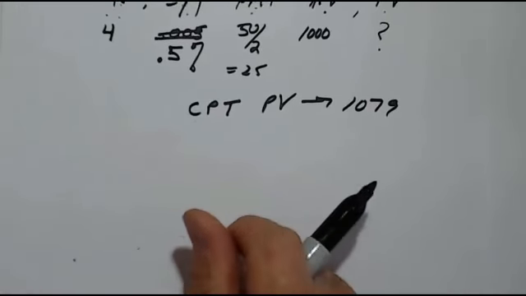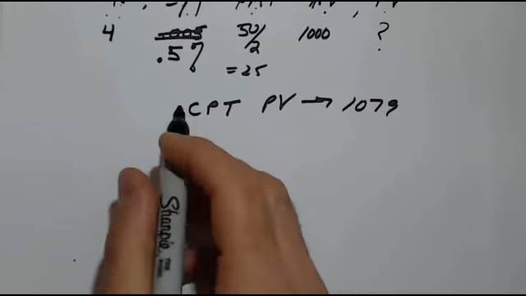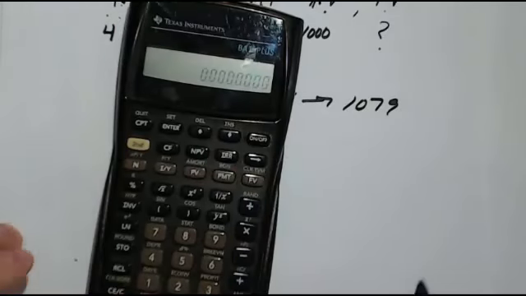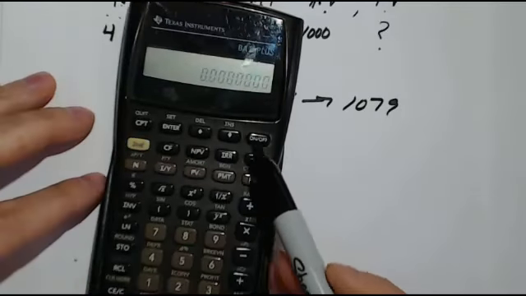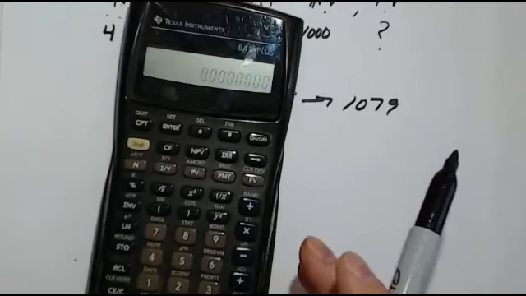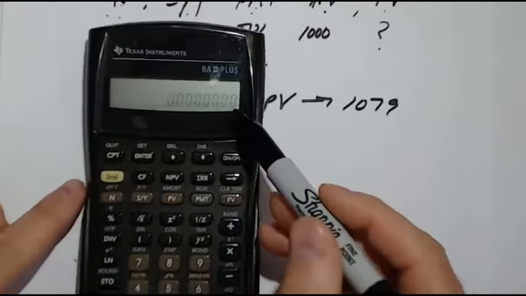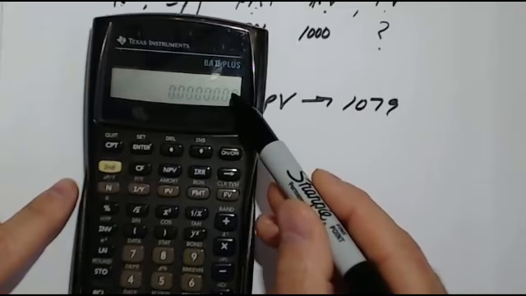Now keep in mind, make sure that if you go to your financial calculator, I'm not sure how well this will show up, but I have a financial calculator right here. Make sure that you have this set right. Be sure that there's no BGN here, for one thing.